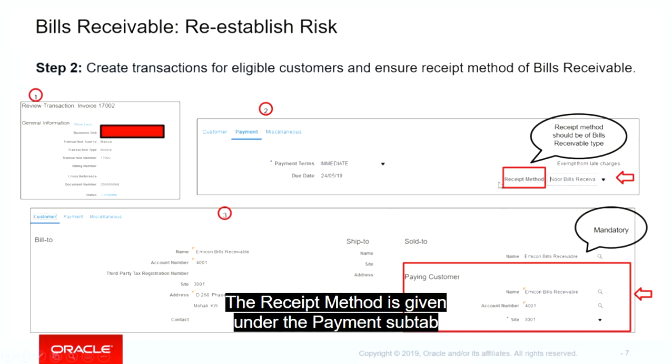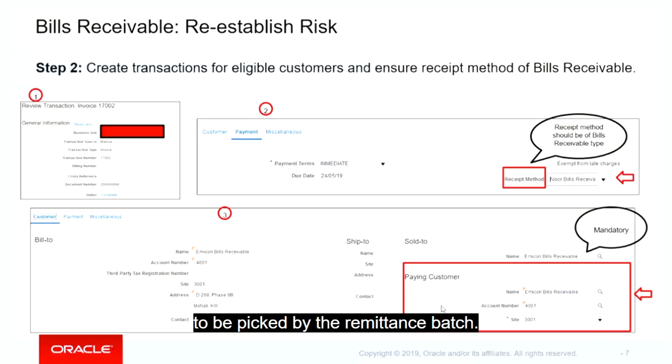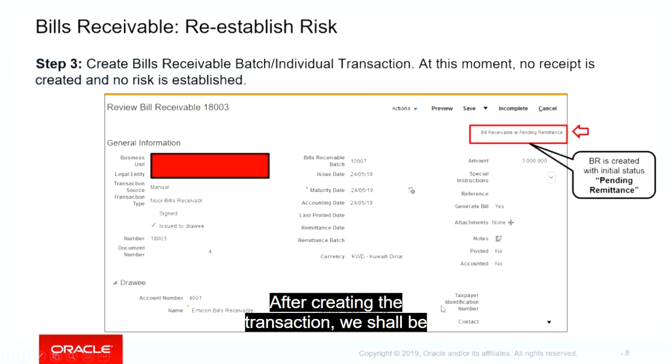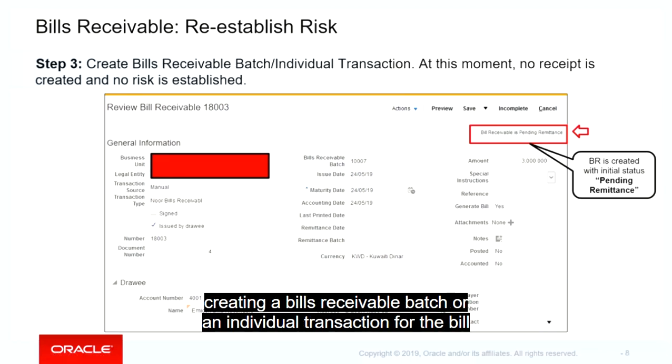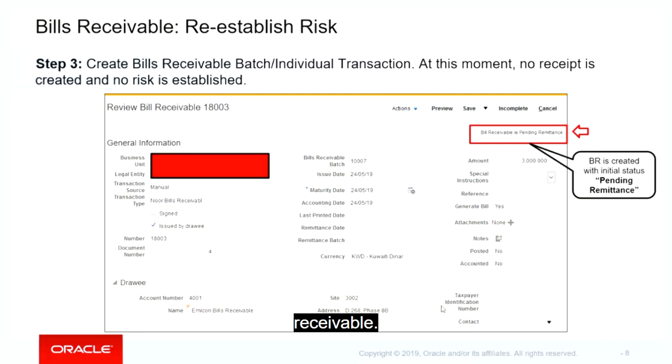The receipt method is given under the payment subtab within the customer region on the transaction header. Another important point: the paying customer should always be populated in case this transaction has to be picked up by the remittance batch. After creating the transaction, we shall be creating a bills receivable batch or an individual transaction for the bills receivable.